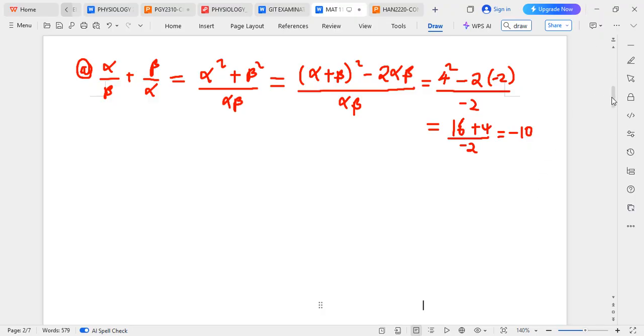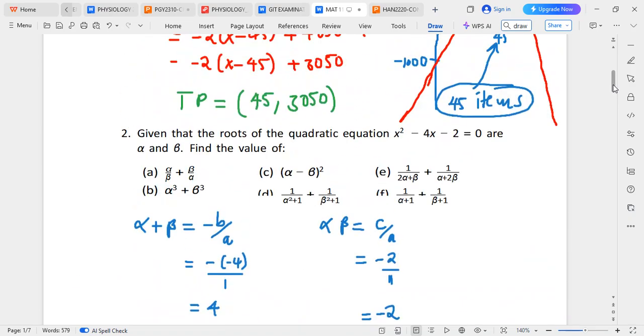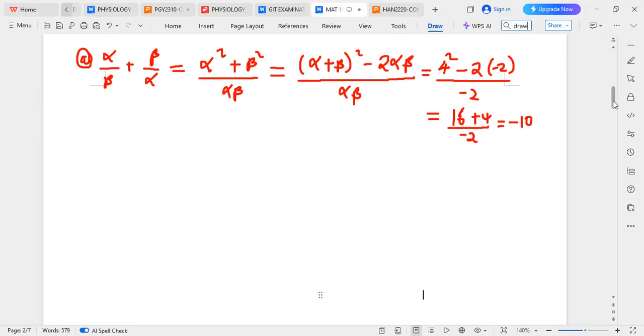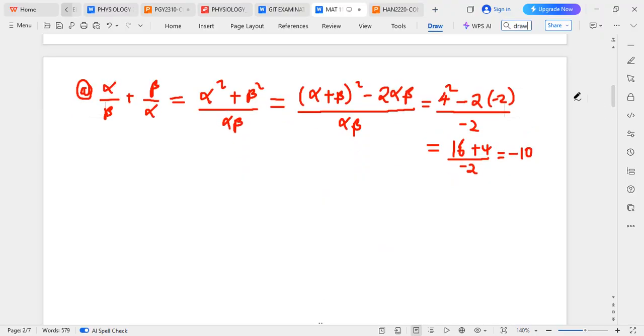Okay, good. The next question we're supposed to find is b, alpha to the power 3 plus beta to the power 3. It's also very easy. The only thing you need to know is, if you factorize alpha to the power 3 plus beta to the power 3, what do you get?